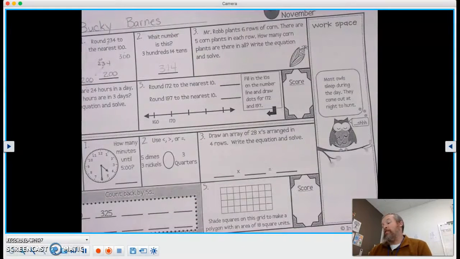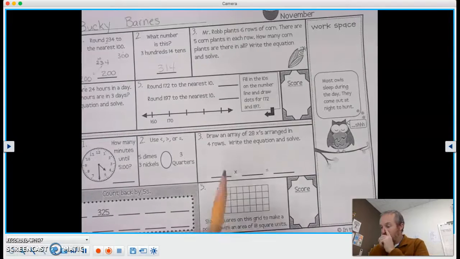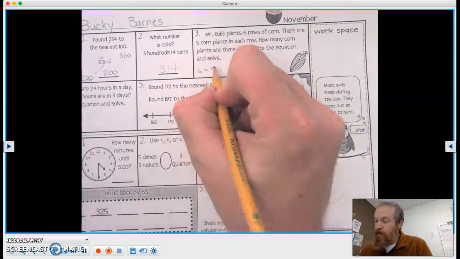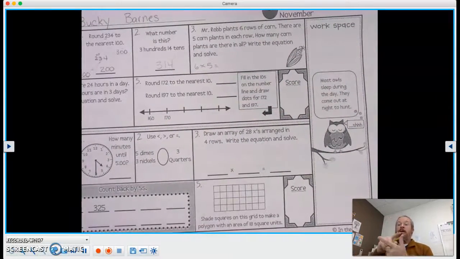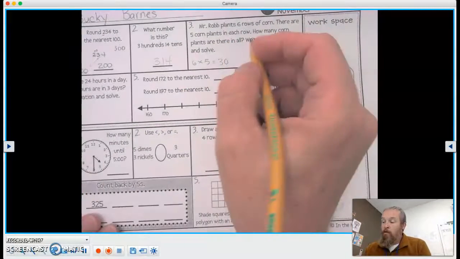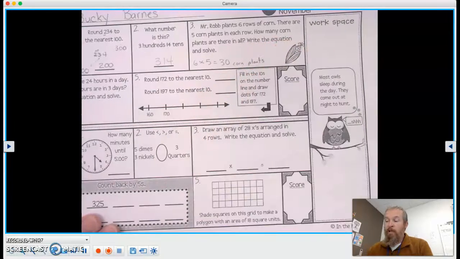Mr. Rob plants 6 rows of corn. There are 5 corn plants in each row. How many corn plants are there in all? Write the equation and solve. So 6 rows times 5 corn plants in each row equals 5, 10, 15, 20, 25, 30 corn plants, right?